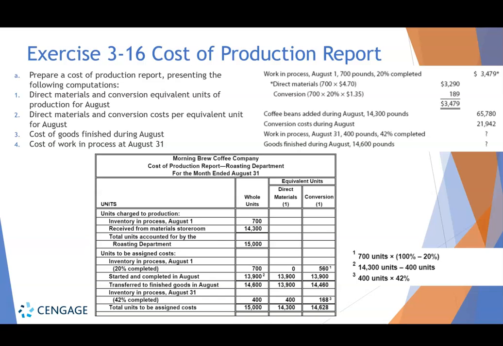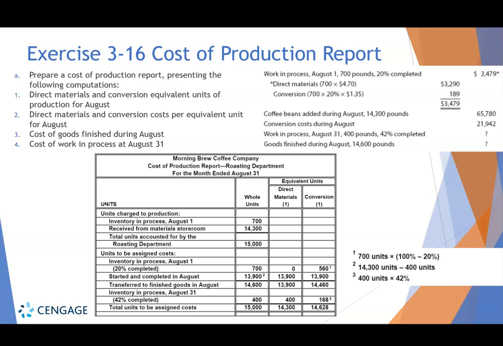So we have the 14,300 pounds plus what we began the month with, 700 pounds, to come up with 15,000 pounds. We know that we started with 700 pounds. For conversion purposes, they were 20% complete.